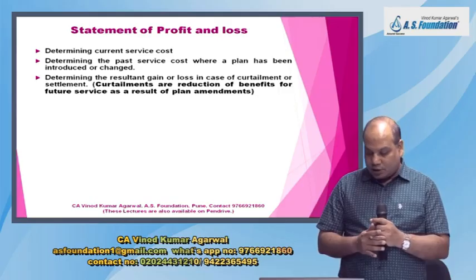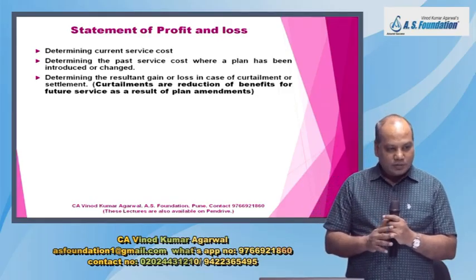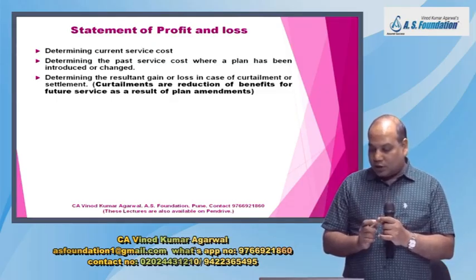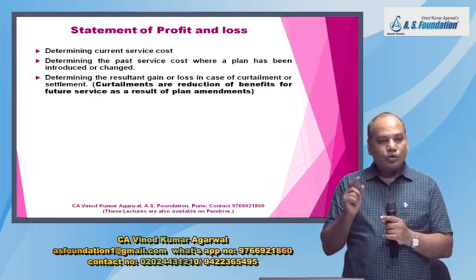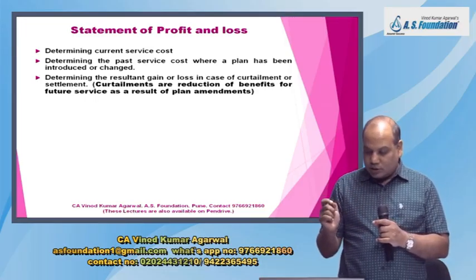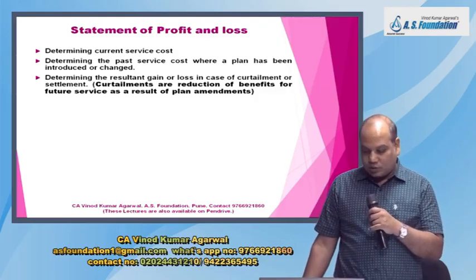So that is called curtailment. Curtailment can be with or without settlement. So at the time of curtailment, there can be gain or loss. That gain or loss due to curtailment or settlement will also be recognized in the profit and loss account.